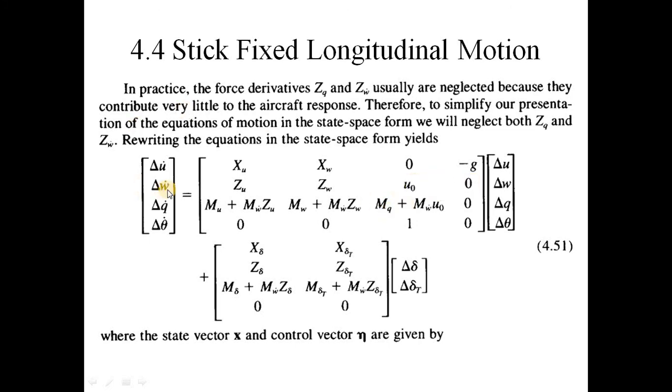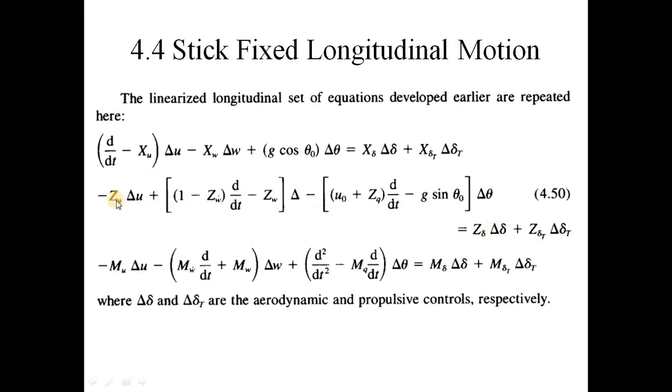Okay. So equation kedua ialah ini. Okay. Delta W dot is ZU kali delta U. ZW kali delta W. U not kali Q. 0 kali theta. Confirm balik equation yang kedua. Betul? Acceleration ni kat mana?